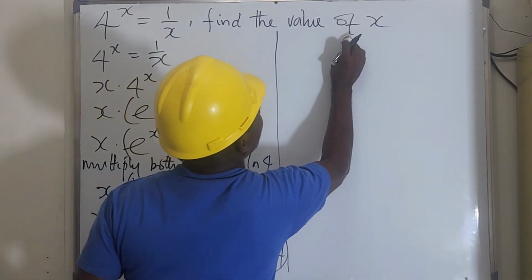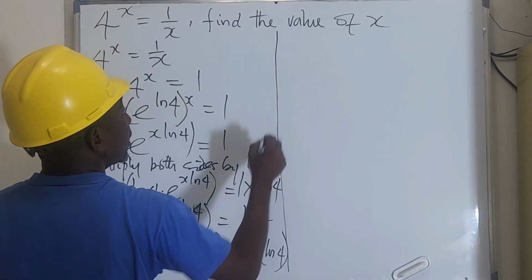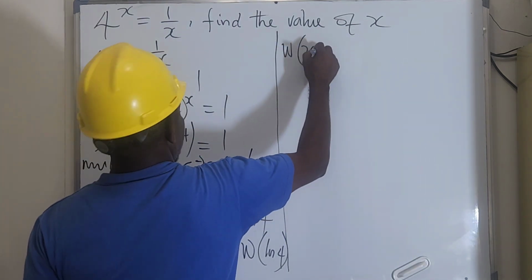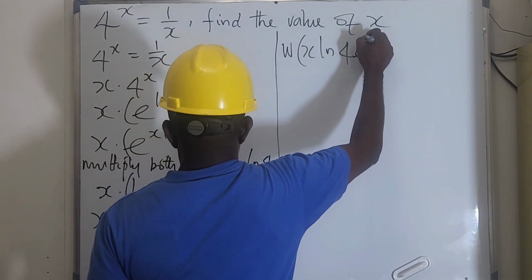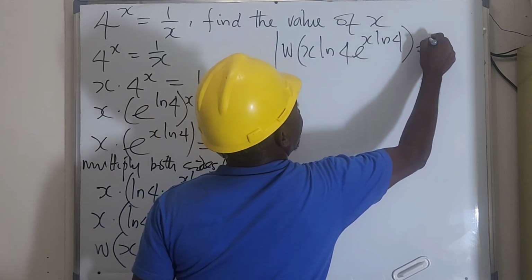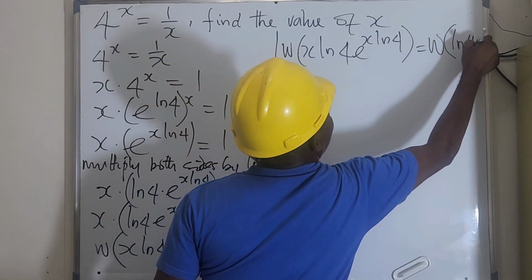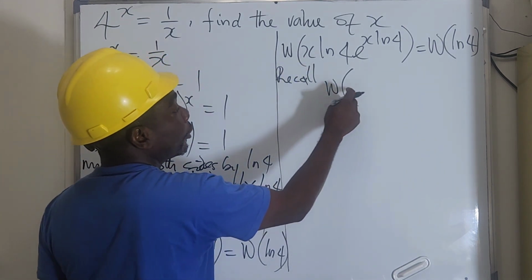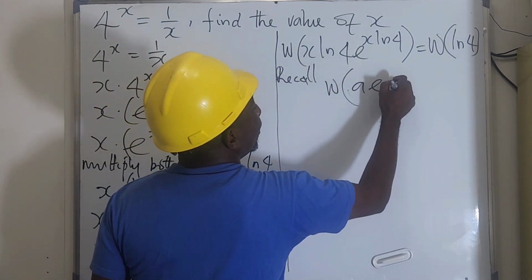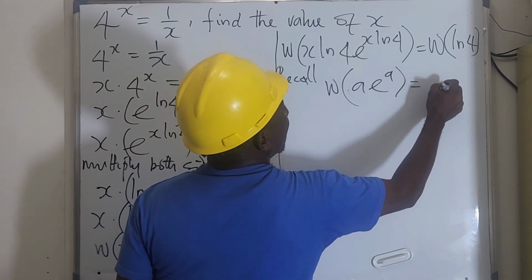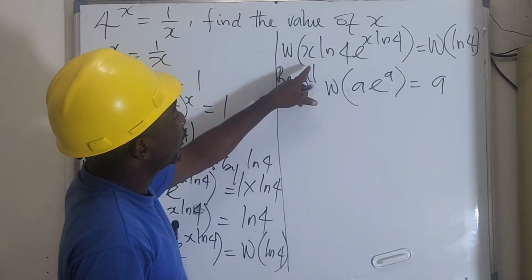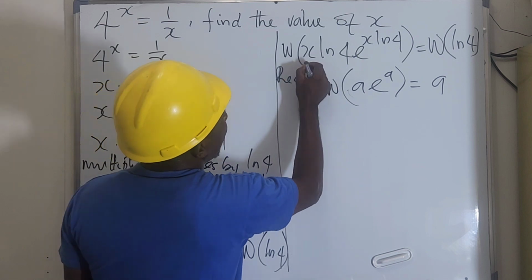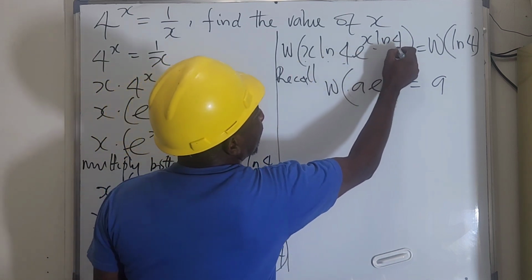So as we said, we have W of x ln 4 e to the power of x ln 4 equals W of ln 4. And we recall, we mentioned that when we have the Lambert W function of a e to the power of a, it is the same thing as a. So in this case, we can see that we have x ln 4 and x ln 4.